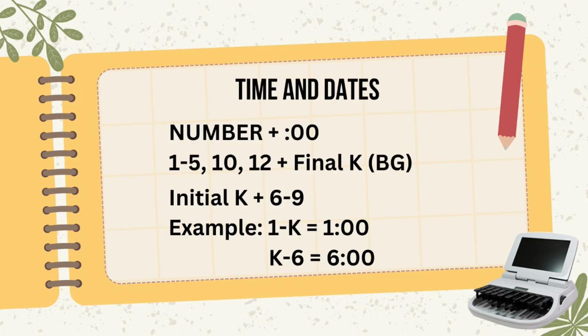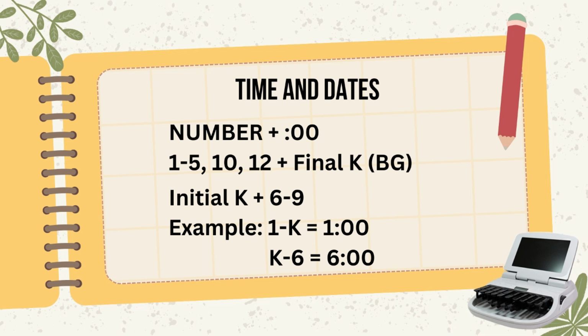All right, we are now into our next subtopic for the number usage, time and dates. Now, if you want our time to appear as 1:00, how are we going to write it?